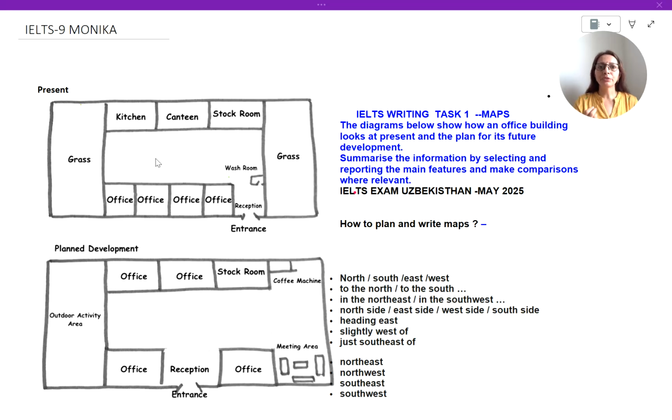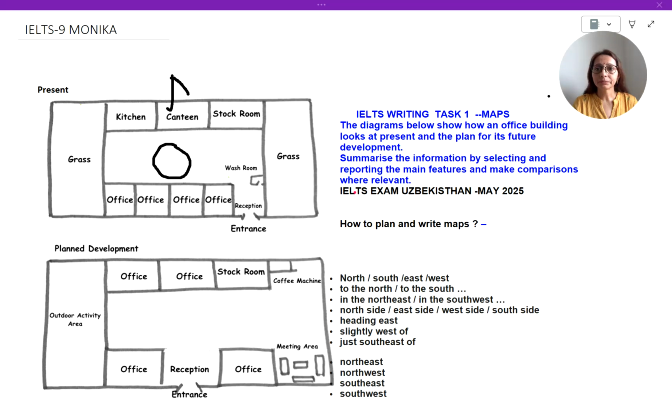So after getting a map diagram, either in IELTS writing task one or in IELTS listening, the first important thing you need to do is look for the directions, I mean to say the directional words, in your brain. So first I can see this is the center part of this map.